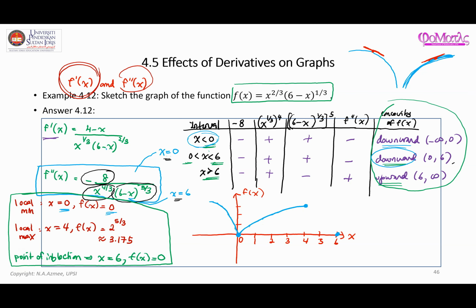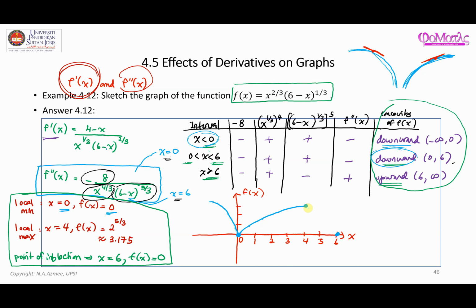Then between 4 and 6, you have to refer to the previous table. Between 4 and 6, the graph is decreasing, and in that interval it is decreasing in a concave downward manner.